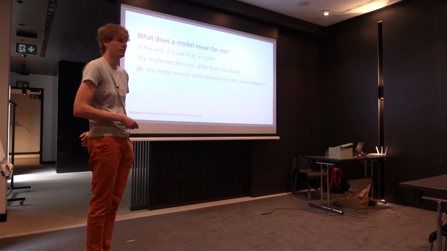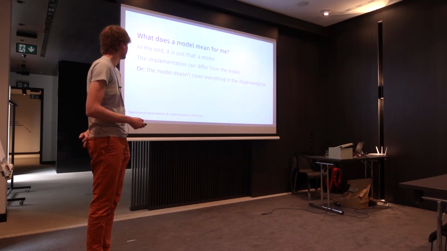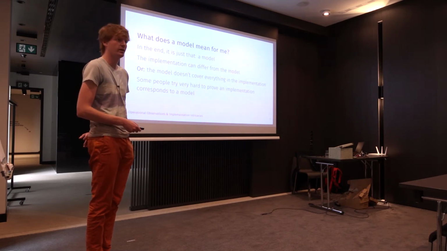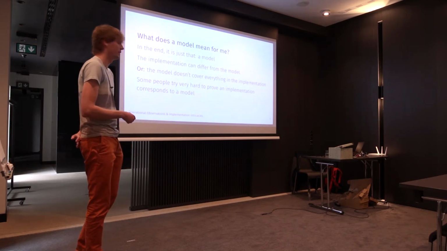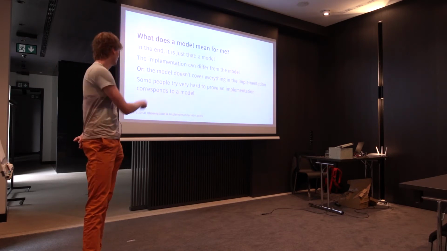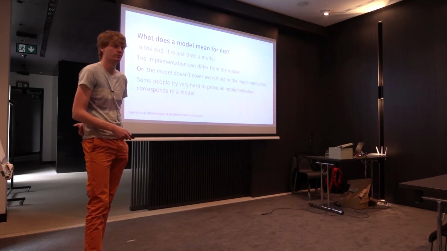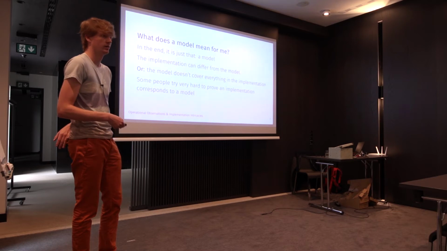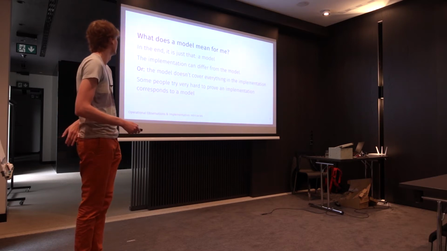They aren't in the interface. And some people try very hard to prove an implementation corresponds to a model. This isn't in the STM paper itself, but it's also something people try to do with models: besides communication, they also try to verify correctness using them.